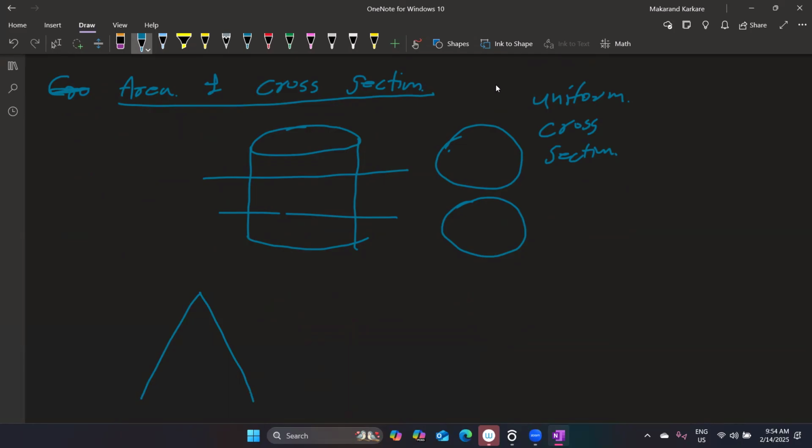As against that, if I talk about a cone, if I cut the cone here, what is going to happen? I will get a circle, but the radius of the circle is going to be this much. But if I cut the cone near the bottom, now the radius is going to be larger. And so the cross section is still a circle, but this time a larger circle.